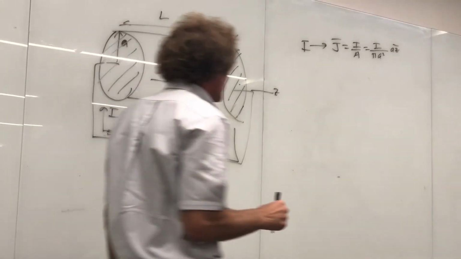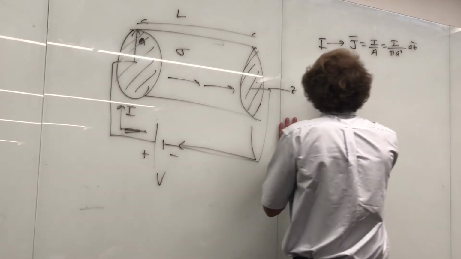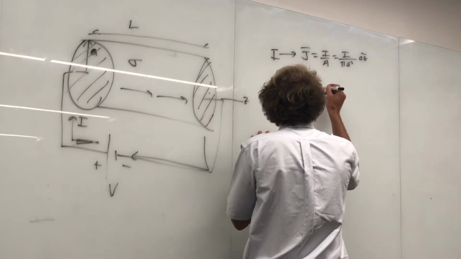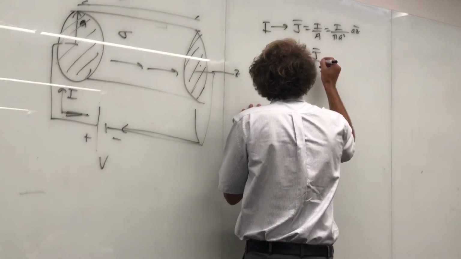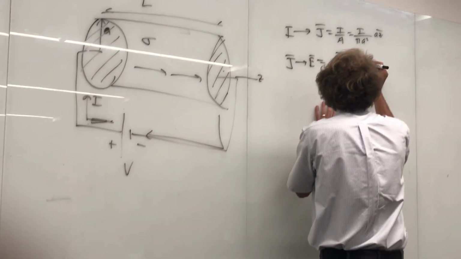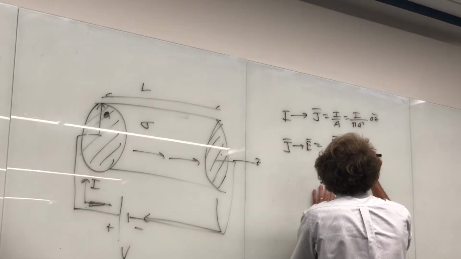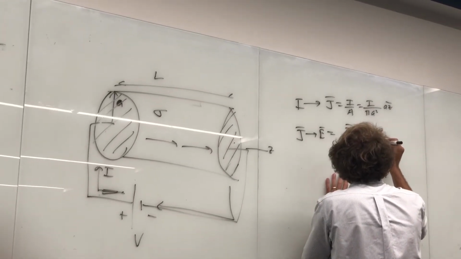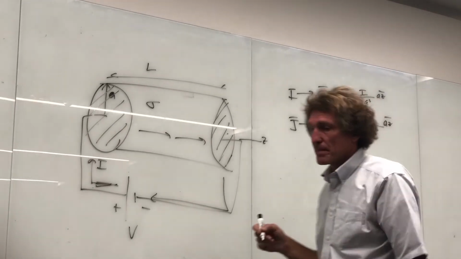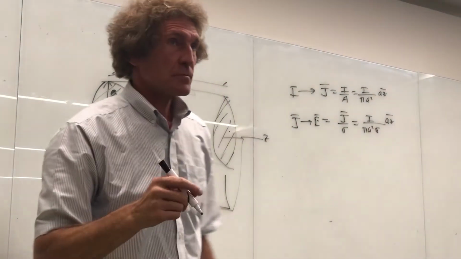Now, after that, from J, we get E. And E is equal to J divided by sigma, isn't it? I'm assuming sigma's constant through there. So that's equal to I over pi A squared sigma aZ. Now I have E. Agree with me?